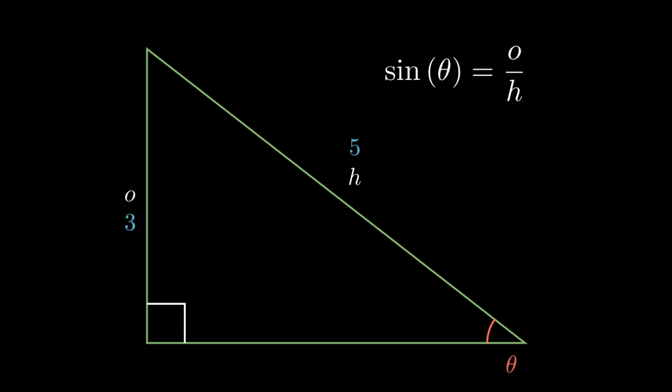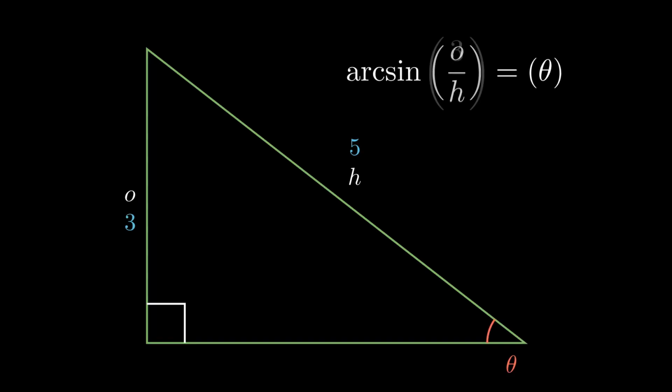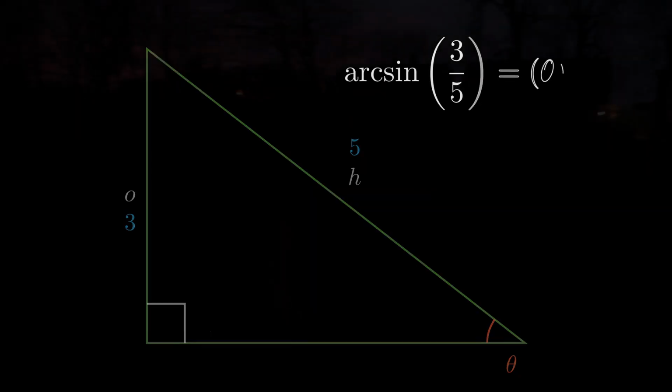Instead, we have to create a new function called arcsine. All we do is swap the angle for the ratio between the sides. And boom! That's simple.